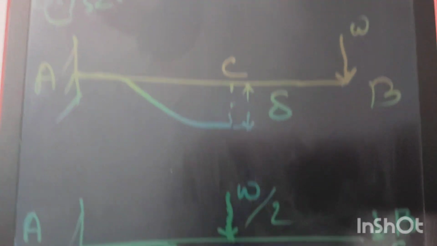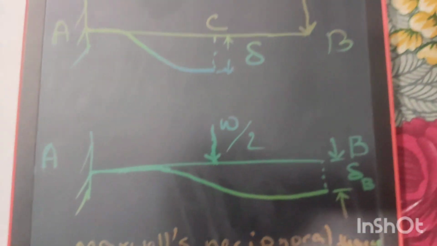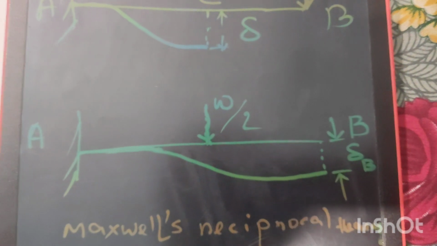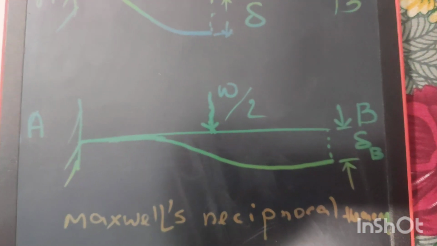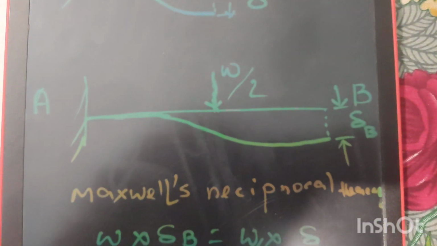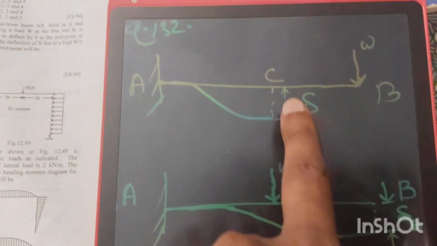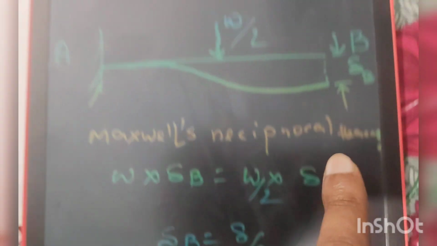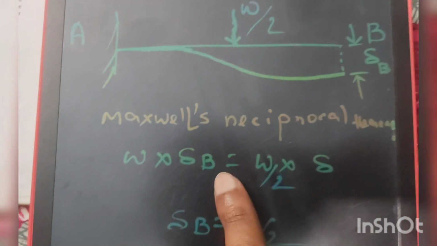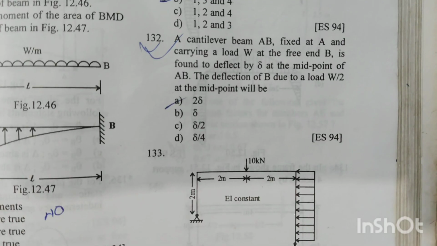Now if the load W by 2 is applied at the midspan of the same cantilever beam, what will be the deflection at point B? By Maxwell's reciprocal theorem we can write this load into this deflection equal to this load into this deflection. By doing that, the deflection del B here will be equal to del by 2. Option C is the right answer.